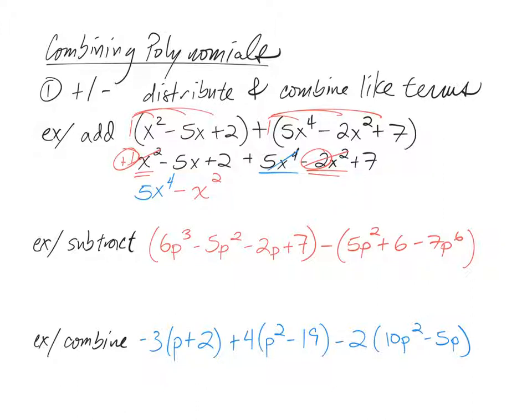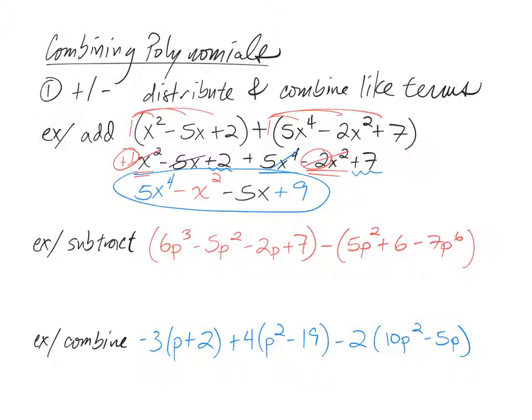Let's check what's next. It looks like here I have a minus 5x, and there aren't any other x terms that can be combined with that. All I have left is a 2 and a 7. And so we can combine the 2 and the 7 to make 9. And so this is the answer here.